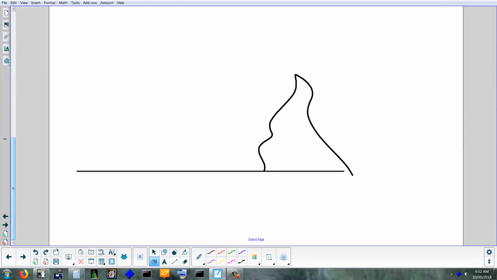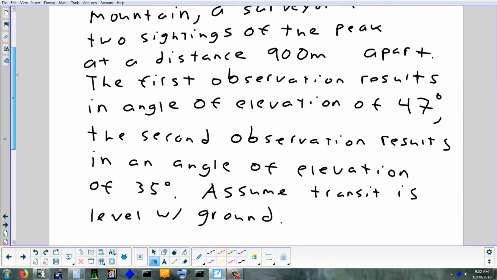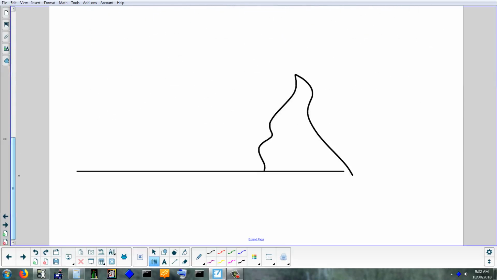Pretty steep, so be careful if you climb it. So we're going to measure the mountain from 2 different spots. Here and here. I don't know how far away I am from the mountain, but I know the distance between the 2 spots is how much? 900. So 900 meters from here to here.